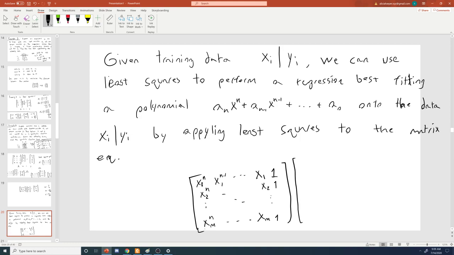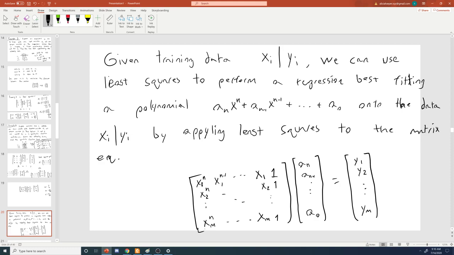And then we're multiplying this by an, an minus 1, and so on, a0, and we're setting this matrix equation equal to y1, y2, all the way through ym.